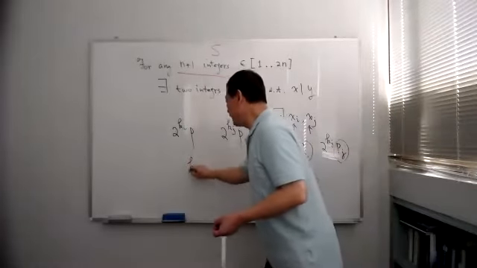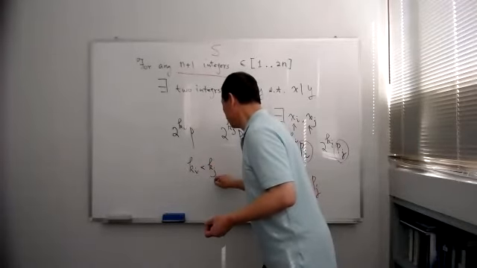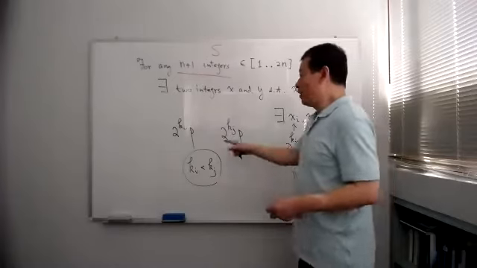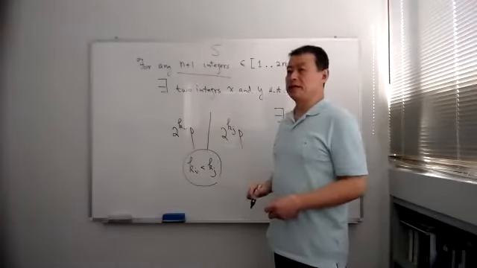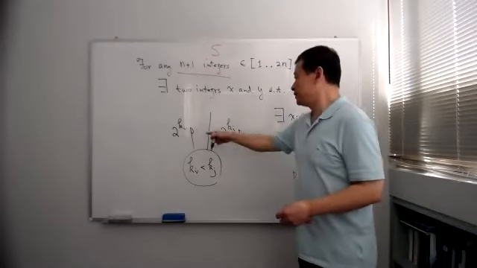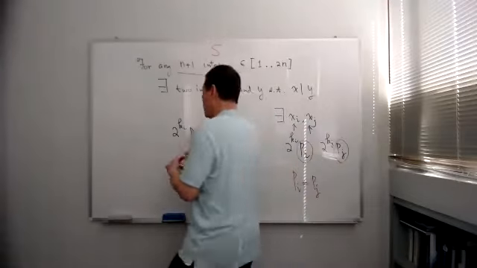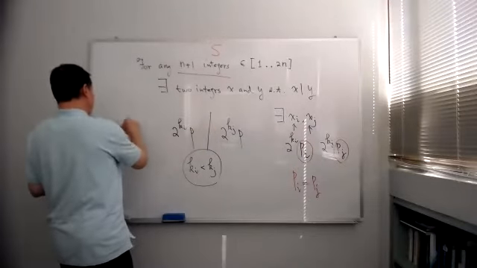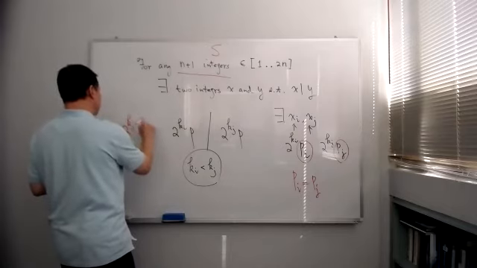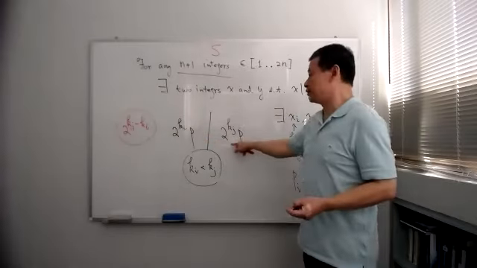Now suppose k_i is less than k_j. One of them will be smaller, of course. Then this one divides this one, because if I multiply this one by 2 to the power k_j minus k_i, that gives us this one, with the same p.